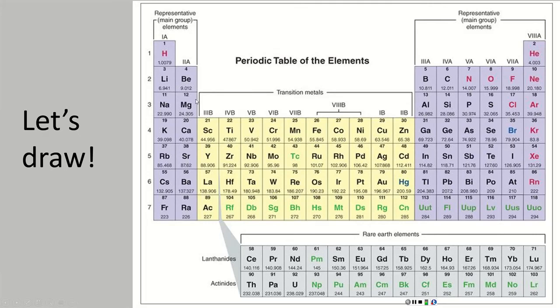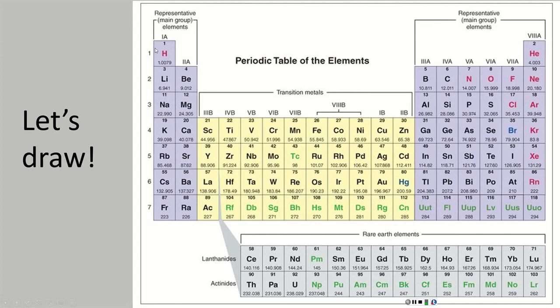We've already learned at the top of each box is what? The atomic number, the number of protons. At the bottom of each box is the atomic mass, the number of protons plus neutrons. But there's some other numbers here if we look at the purple boxes. There's these Roman numerals going across the top, and there's these Arabic numbers going down the side.